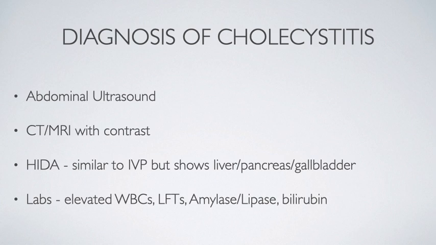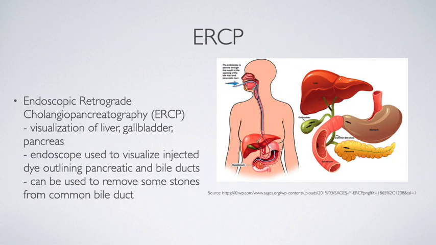So we have this ERCP, endoscopic retrograde cholangiopancreatography. Oh my goodness. We can view the liver, gallbladder. The endoscope goes through the mouth and goes down, up through the common bile duct and then into the gallbladder that way.